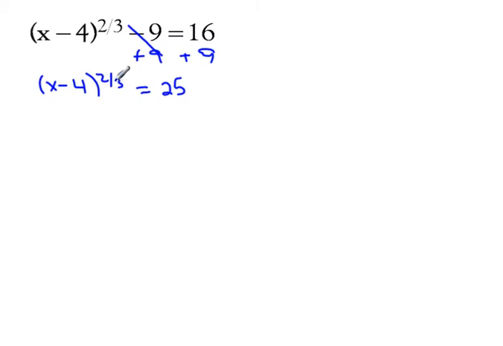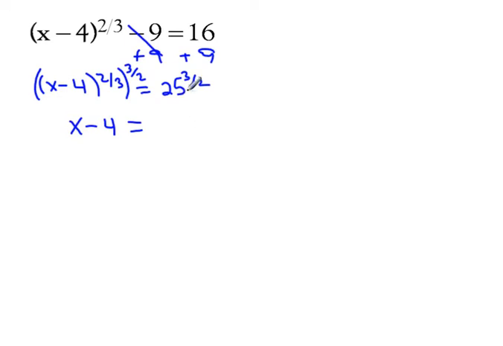Now in order to get rid of this to the 2/3, I am going to take this to the reciprocal. So I'm going to take this to the 3/2. But then I also need to do that to the other side of the equation. The cool thing about when I do that, 2/3 times 3/2 is 1, so that leaves me with x minus 4 to the 1, or just x minus 4.